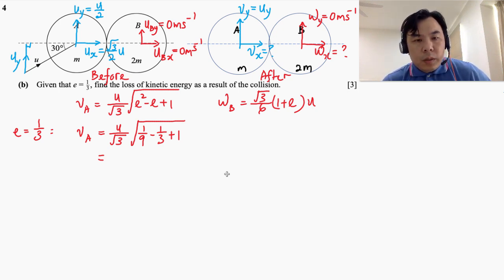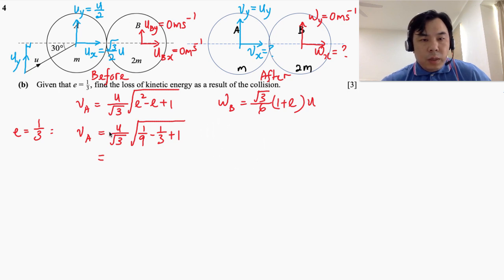It's easier to do it this way. It's 2/3 to the 7 over 9. Is it root 7 over 9? Did I get it right? Just let me check properly. 6, 7, 9. Yep. Okay. So that is root 7 over 9.